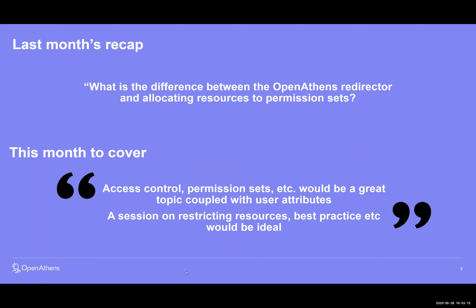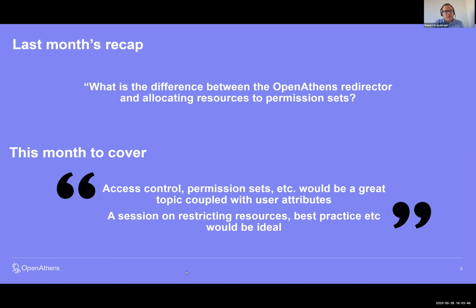It was about the difference between OpenAthens redirector and allocating resources to permission sets. So we'll spend the first few minutes making sure everyone understands what this means, and then we will go straight into the next content. I'm going to pass over to Rob for this bit.